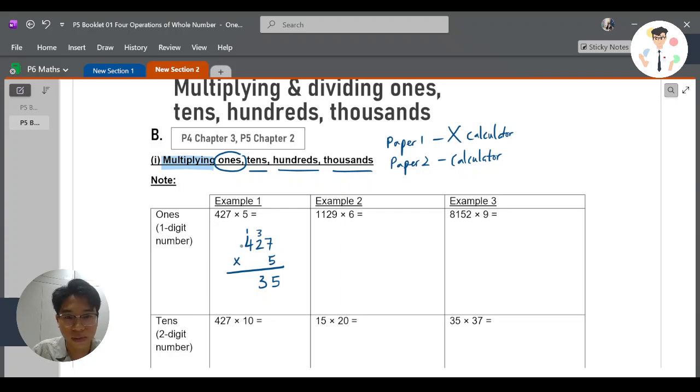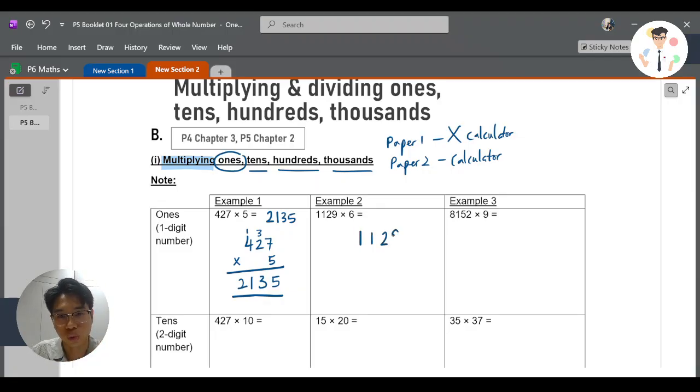I have no numbers further, so I just write 21. In this case, your answer is 2135. Something simple that you should know by now. But don't worry, we'll try to learn it from the second example and the third example again.